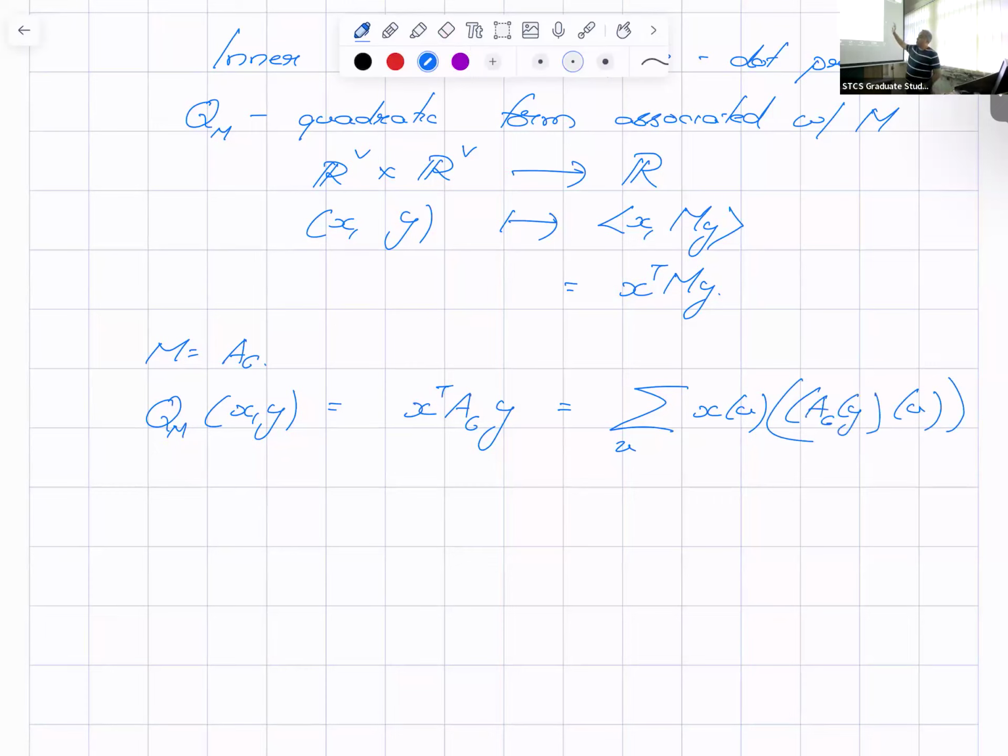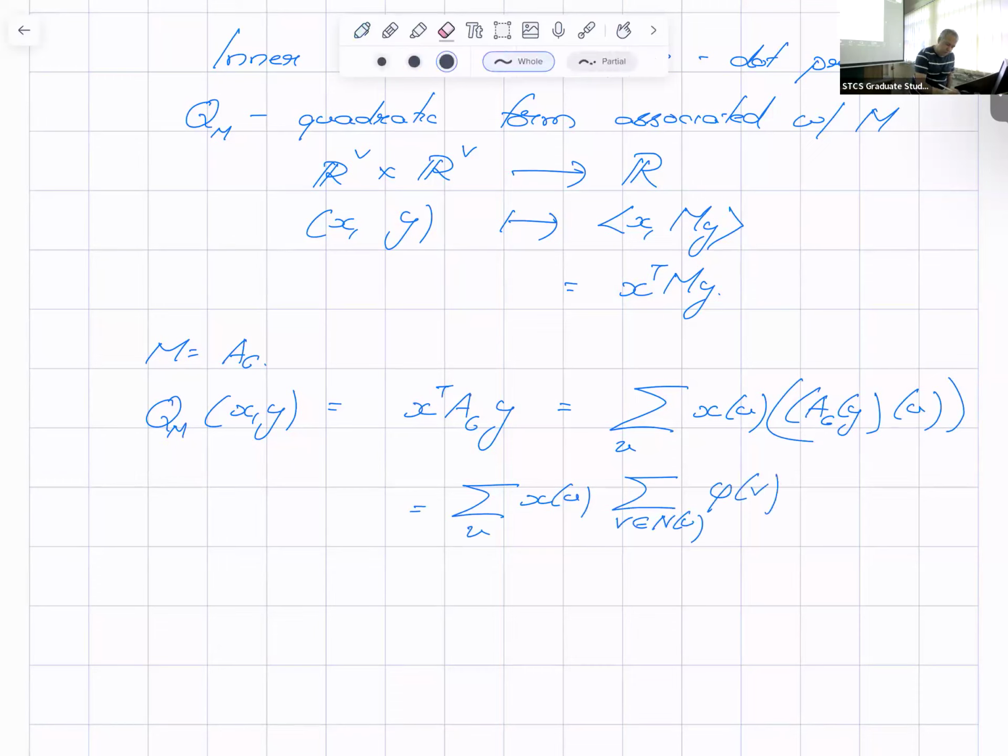That's the definition of a dot product, which we have already seen. This is x_u, and this itself is the sum over v, which is a neighbor of u, of y_v.